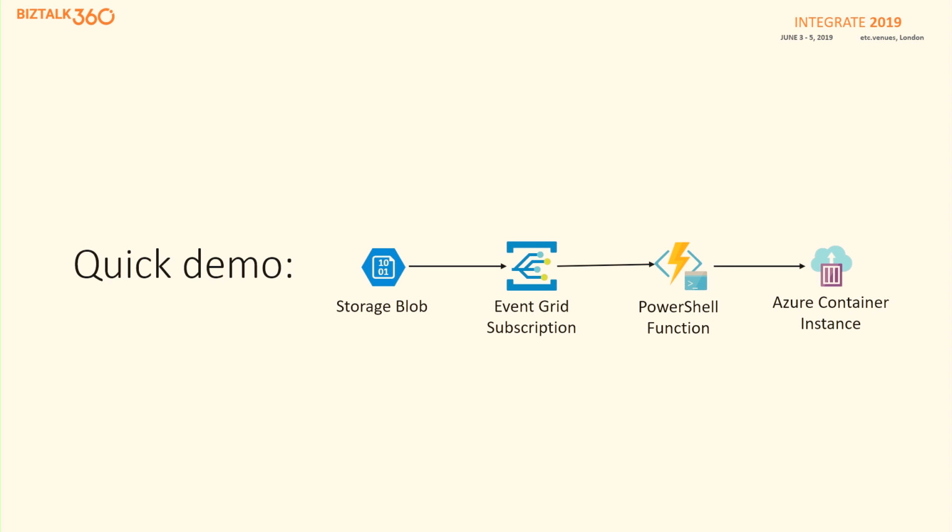And I'll be honest, I'm a Bash guy. I don't really use PowerShell that much, but it's really awesome. The PowerShell functions preview is super powerful and makes a lot of things very easy. And this demo will pretty much just instantly spin up an Azure container instance.